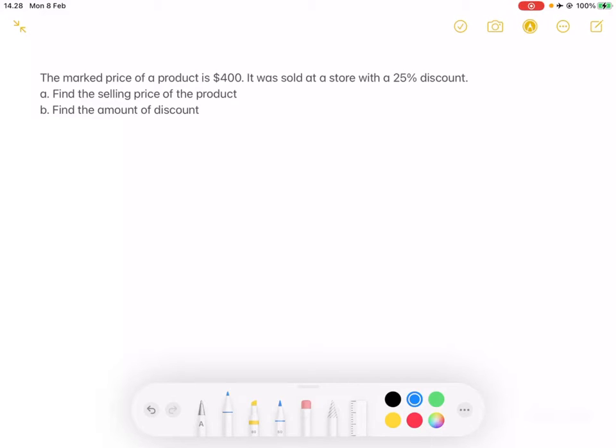So assume the selling price is, let's say, X. And then we know that X is obtained by decreasing $400 by 25% of 400. That's the amount of decrease right here. So we can just rewrite this like so.